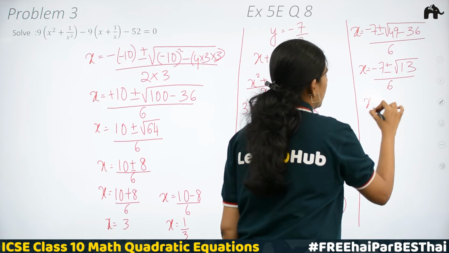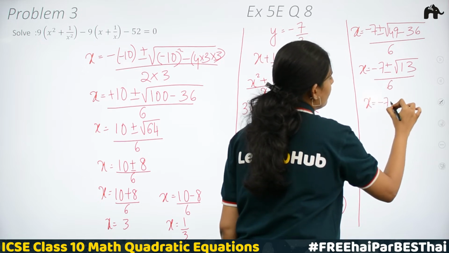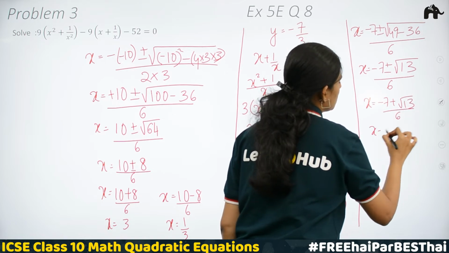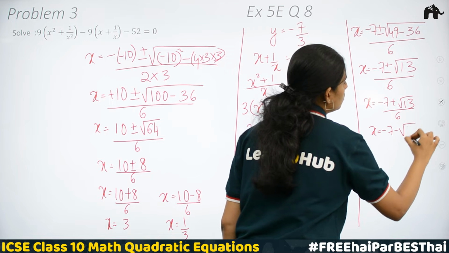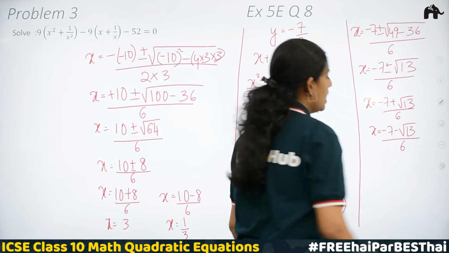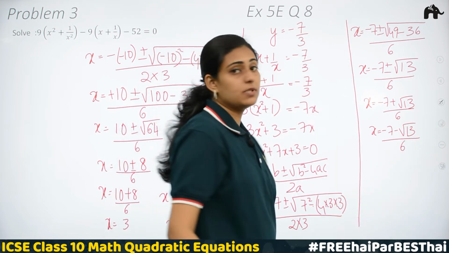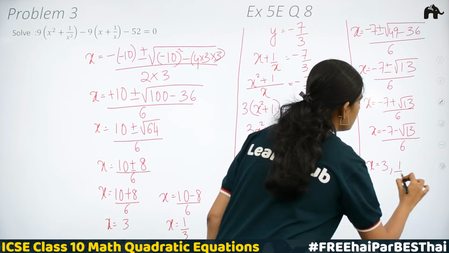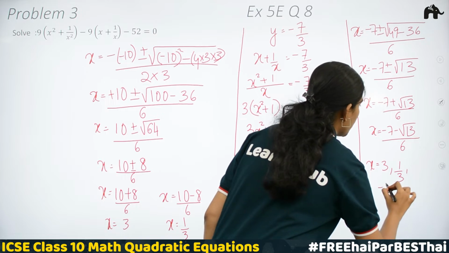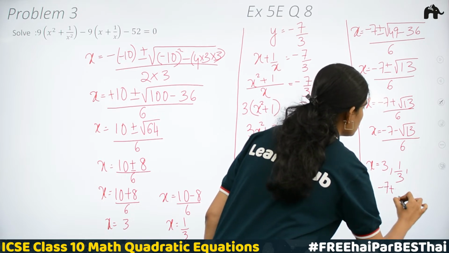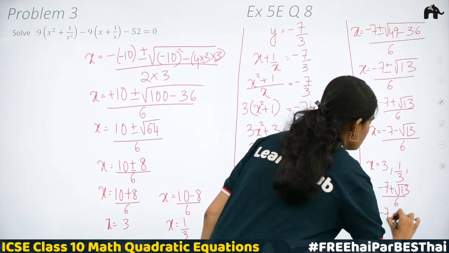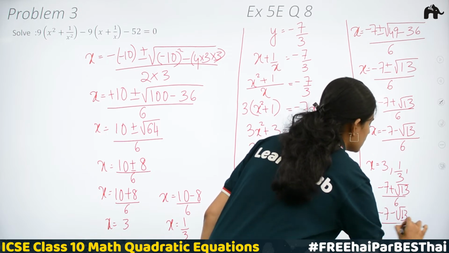So, the values of x are x is equal to (minus 7 plus root 13) divided by 6 or x is equal to (minus 7 minus root 13) divided by 6. Therefore, the four possible values of x are x is equal to 3, 1 by 3, then (minus 7 plus root 13) by 6, then (minus 7 minus root 13) by 6.